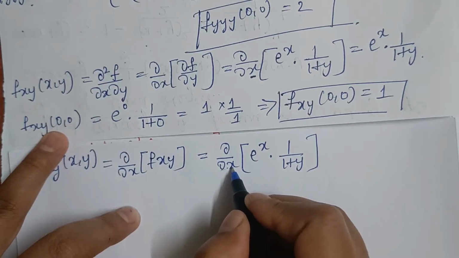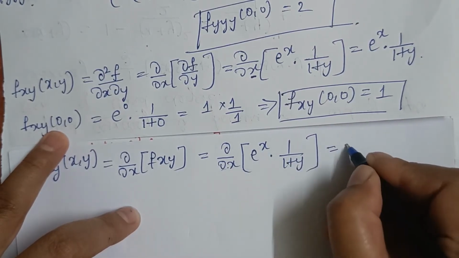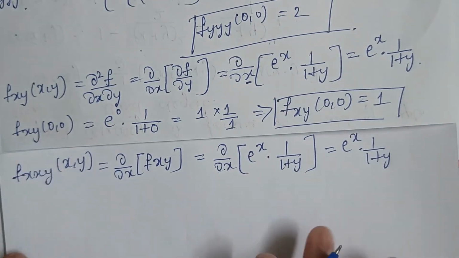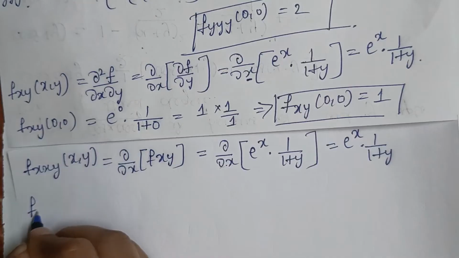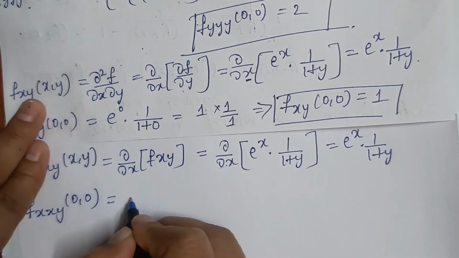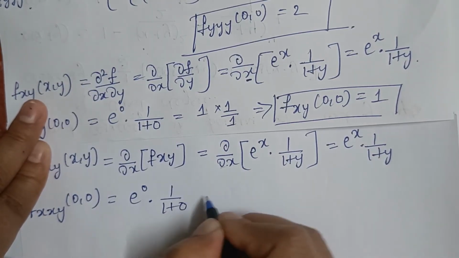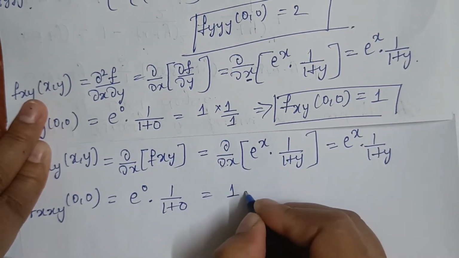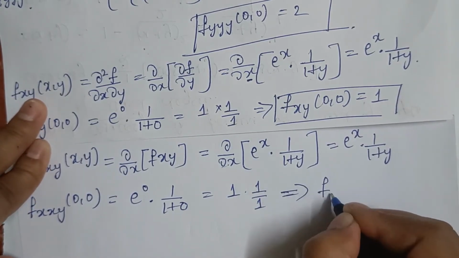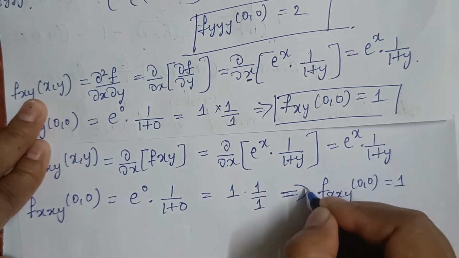Differentiating with respect to x, this is constant here, so it is going to be the same only. So f_xxy at (0, 0) is nothing but e^0 into 1 divided by (1 plus 0), which is 1 into 1 by 1. So f_xxy(0, 0) is 1.